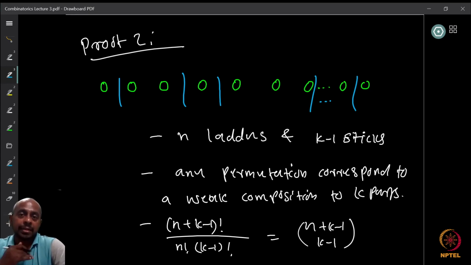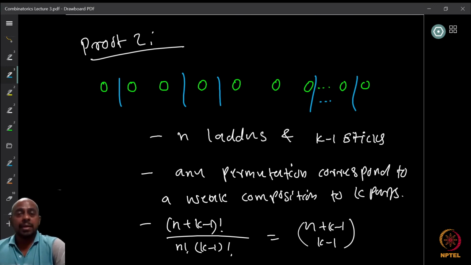By the multinomial theorem that we studied, if there are n1 objects of type 1 and n2 objects of type 2, the number of permutations of them is basically n factorial divided by n1 factorial times n2 factorial. So therefore we have n laddus and k minus 1 sticks.